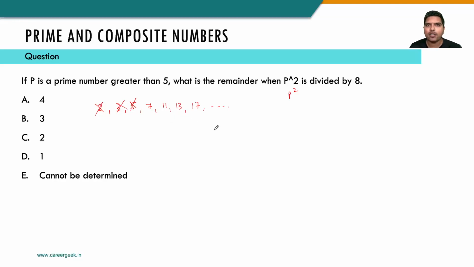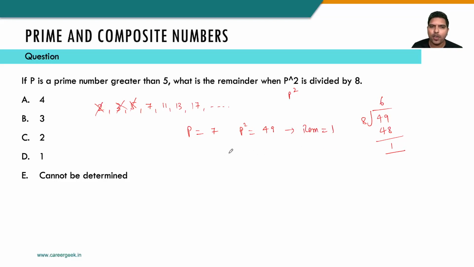I would like to just substitute 1 or 2 values and get the remainder. For example, if I take p as 7, p square is 49. What is the remainder when you divide 49 by 8? Most of you would know the 8 table. 8 sixes are 48. So the remainder is 1.